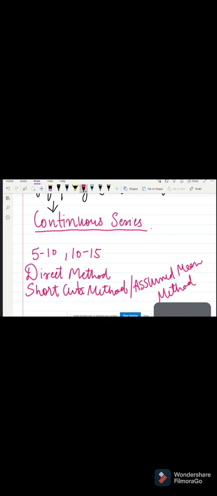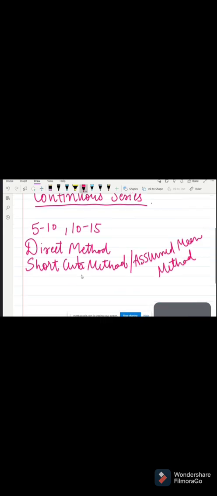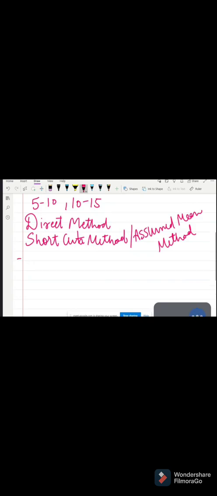And third one is step deviation method. Right? So first we will start with direct method.